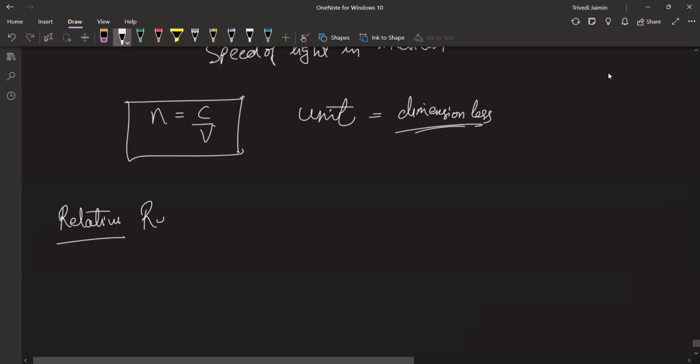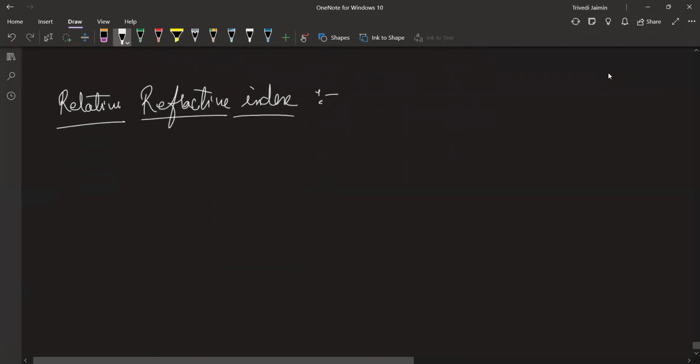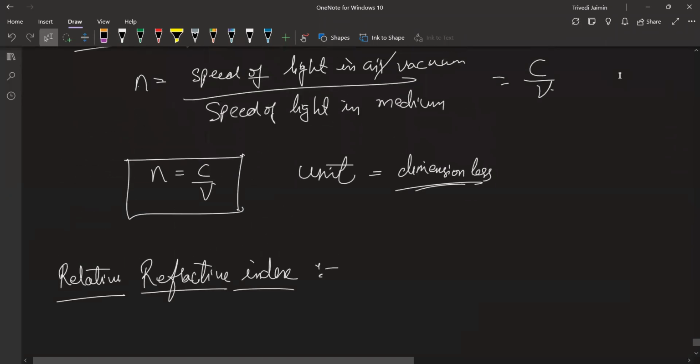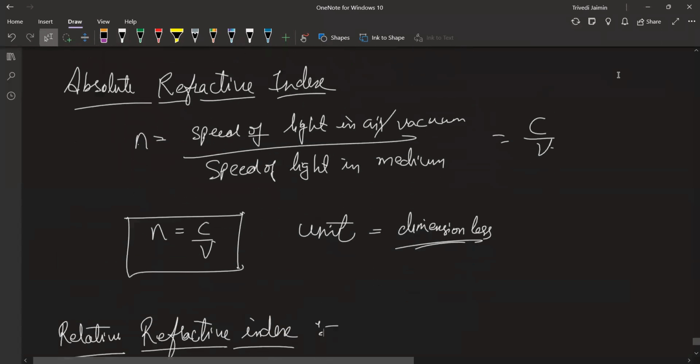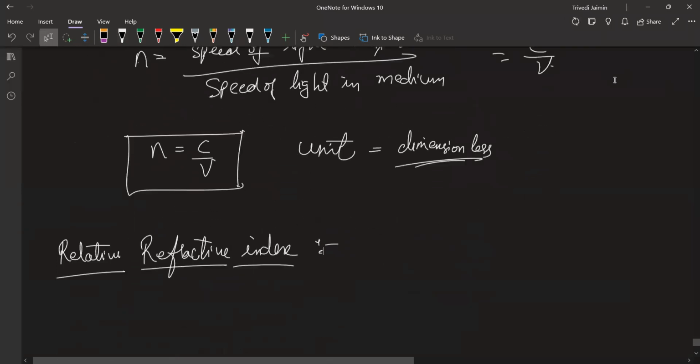Relative refractive index. Now, what is relative refractive index? This was the standard refractive index. We saw absolute refractive index from vacuum to some medium.